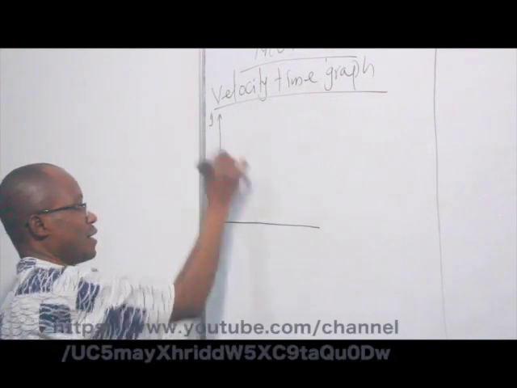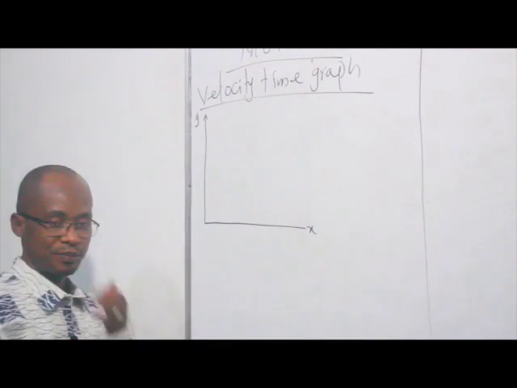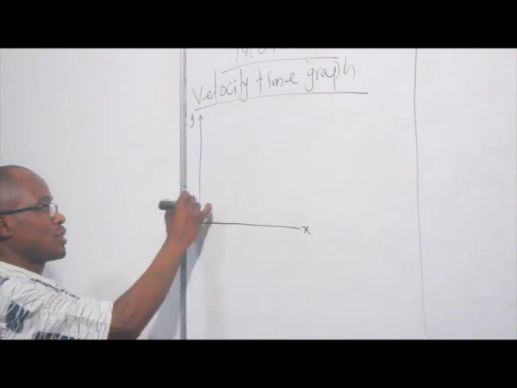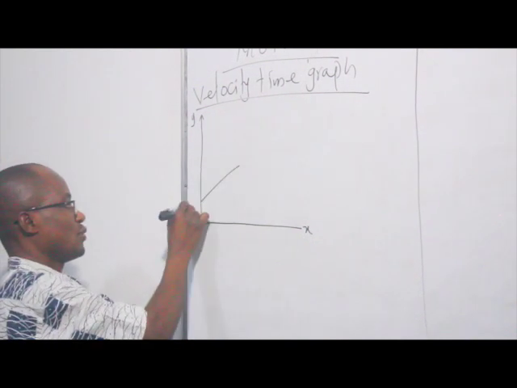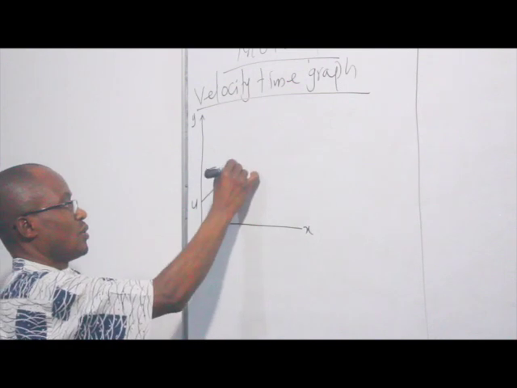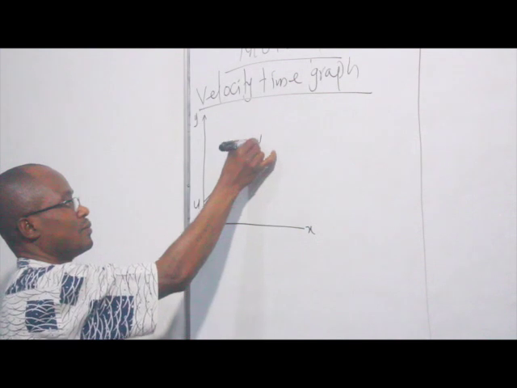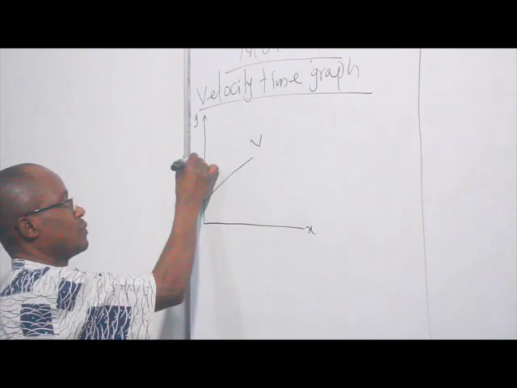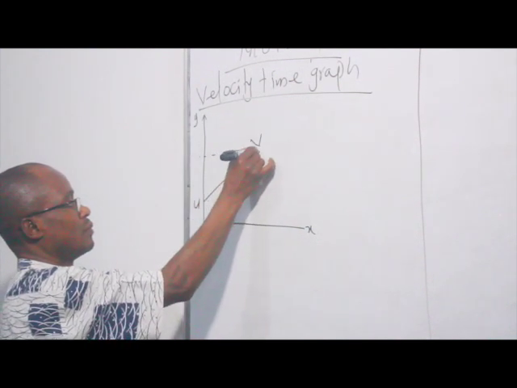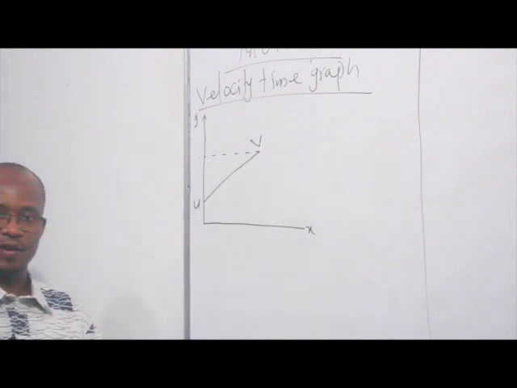This is y, this is x. Supposing a car starts with a velocity u and attained a velocity v, so u stands for the initial velocity.